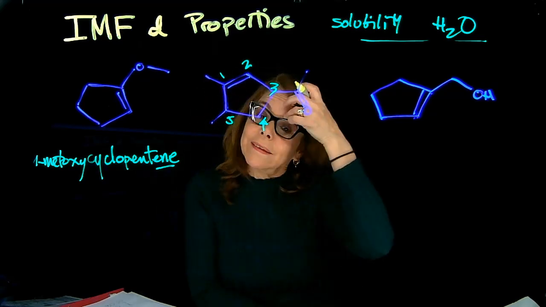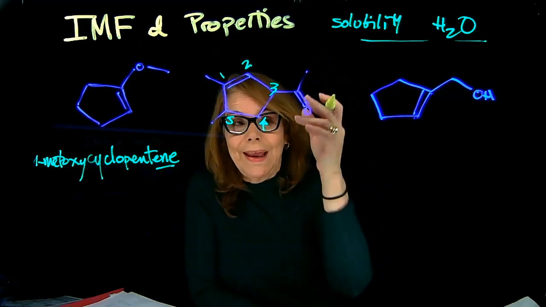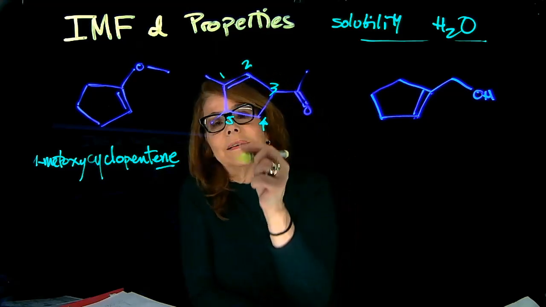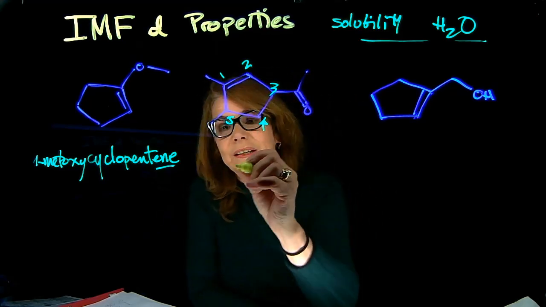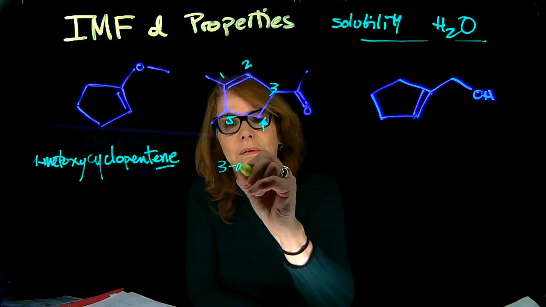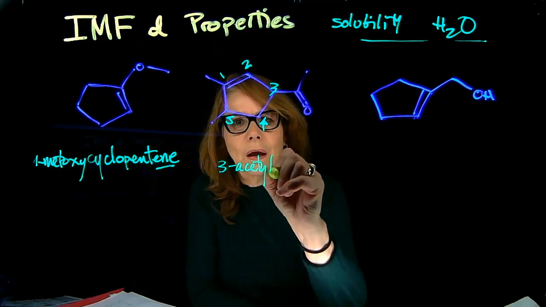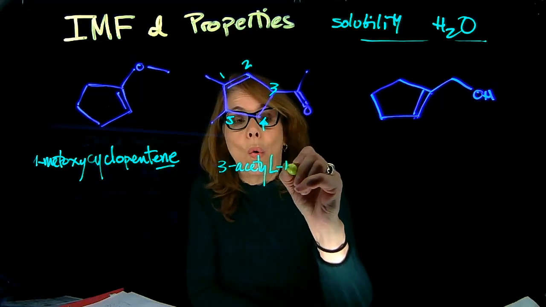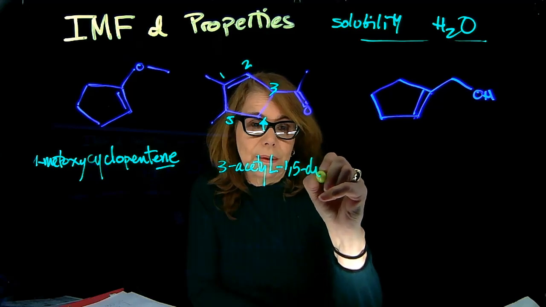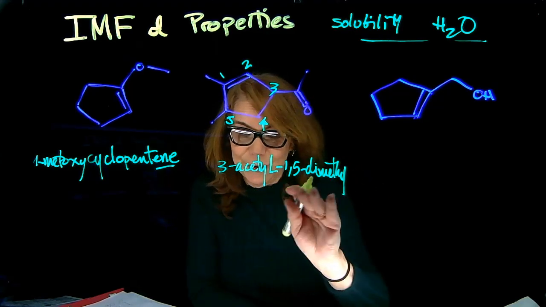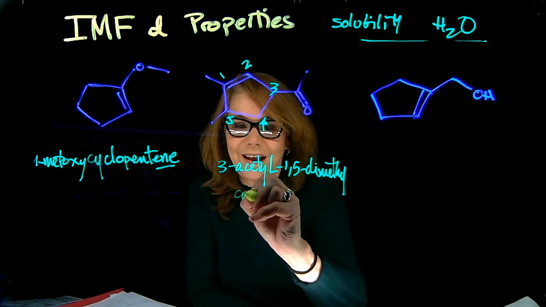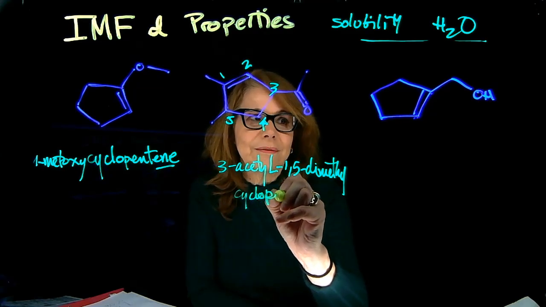So this has the acetyl group on carbon 3, and it has 2 methyls on 1 and 5. So I can say 3-acetyl, and then 1,5-dimethyl, and I'm going to continue the name here, cyclopentene.